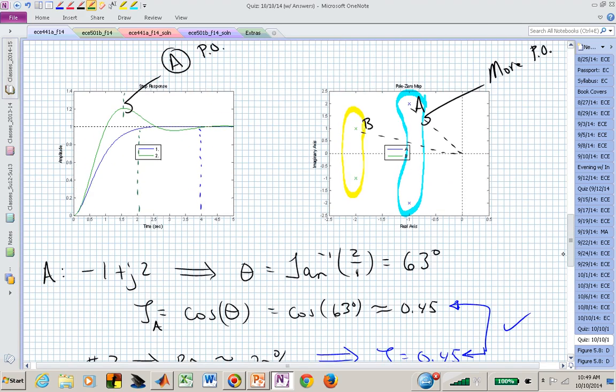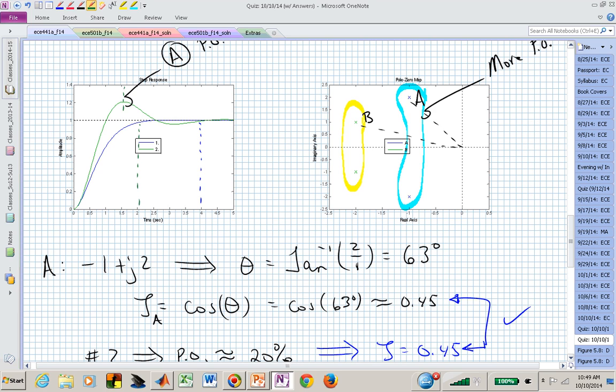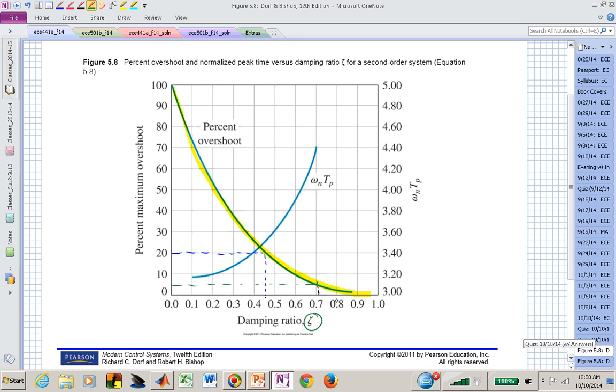And in fact, B really doesn't have much of a response because its angle is less than 45 degrees. So if you go back here and look at zeta values bigger than 0.7, it's hard to see much of a percent overshoot for zeta values of 0.7 and beyond.